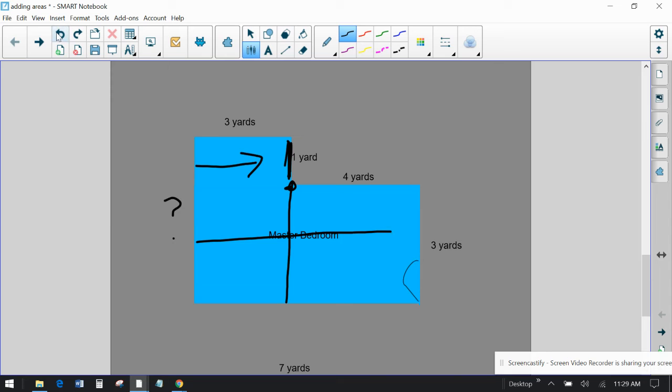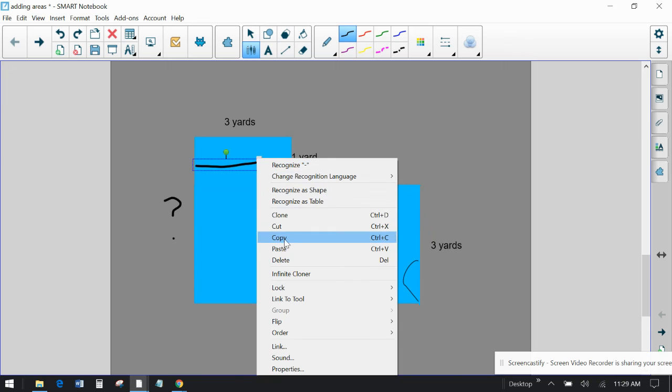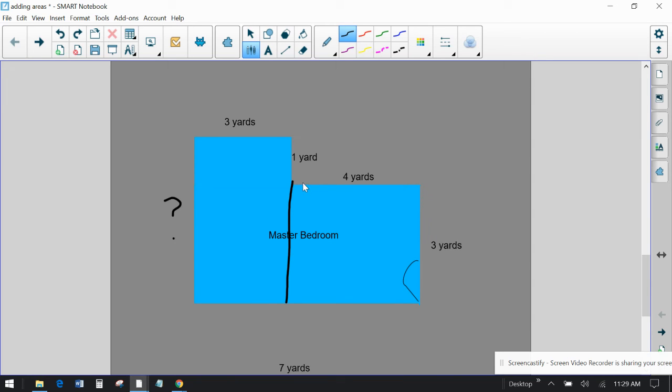So using the opposite sides, we'll be able to find the length of the long side. So here's 1 yard. And if this is 3 yards, they will combine. Well, 3 plus 1, it has to be 4 yards for this side.